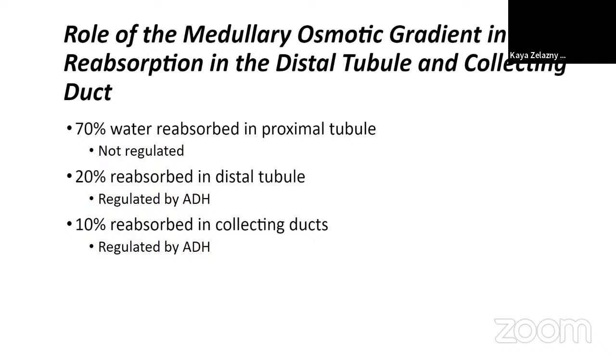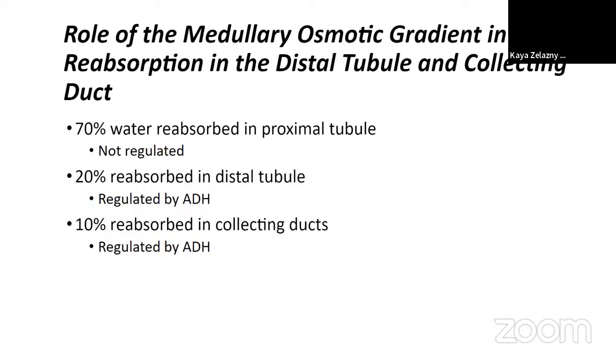And this is good for us because this means that we can change how much water we're keeping in our body versus how much water we're treating as urine, in accordance with how much fluid we've taken in and how much fluid we potentially produce through metabolism.